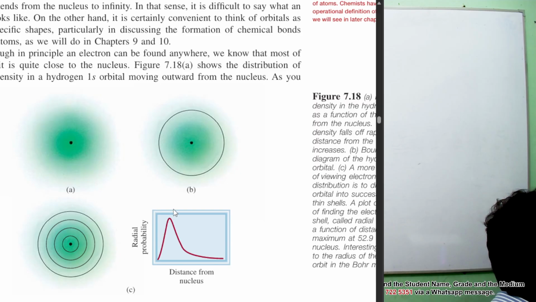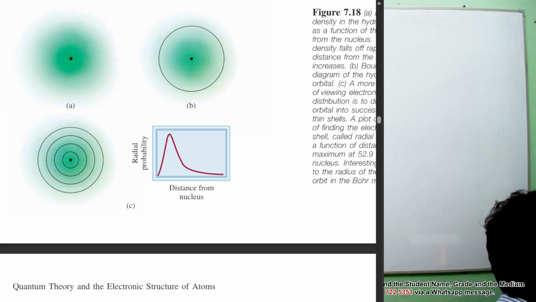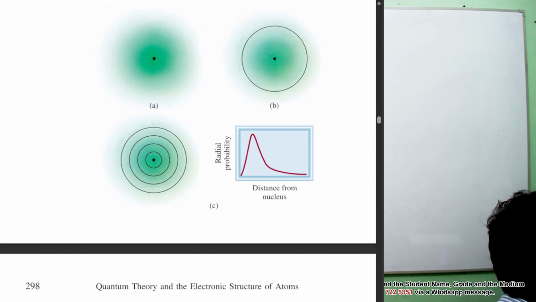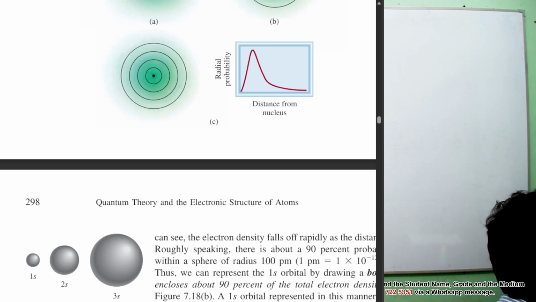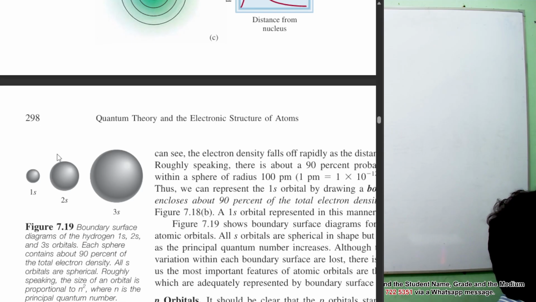Theoretically, you can argue it can be anywhere, but these are the possible places. There is an area where it mainly lies. So mainly existing there, that shape is a spherical shape. Therefore we said the shape of the s orbital is spherical like this.